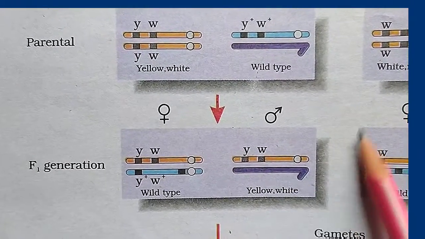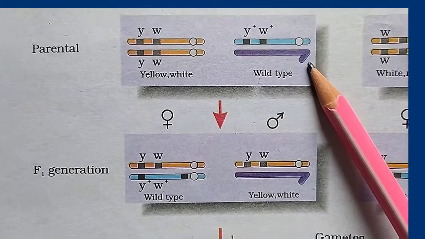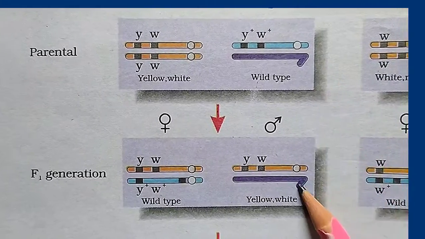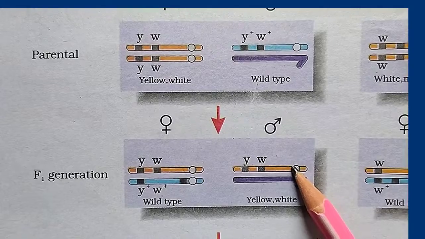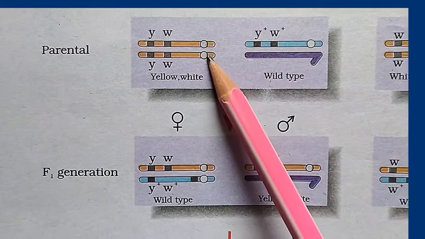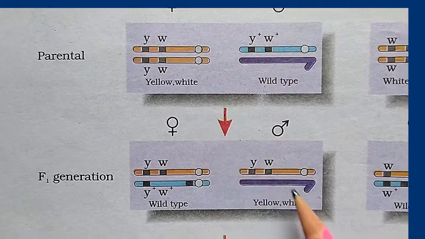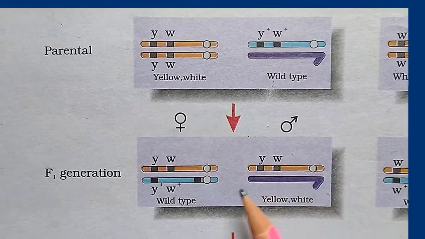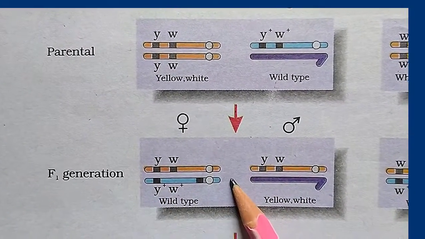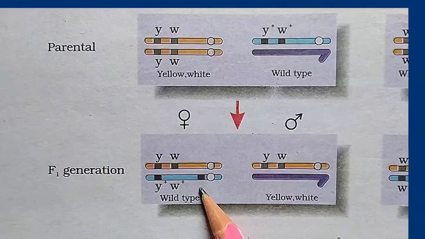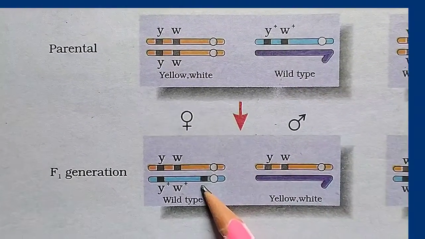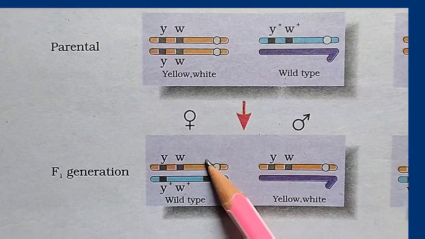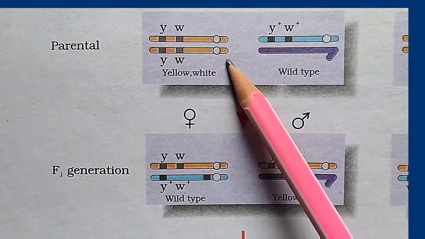This Y chromosome is from the male parent. This is the X chromosome. It is from the female parent here, Y W. This X chromosome which carries Y plus W plus genes is from the father. These Y W genes are from the mother.